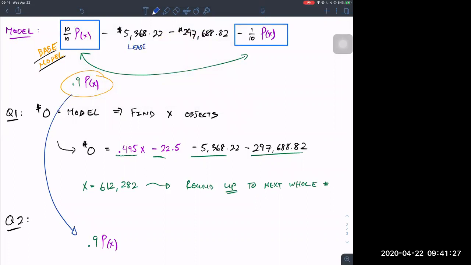So people that were asking about the lease, whether it was just Judy or Judy and company, you're paying that every month. That's not going anywhere. So that comes down here as well. So minus $5,368.22. Now this is a kicker. I'm sorry I didn't recognize whoever's voice that was, but when they asked for part C, that's this one right here, how do we know whether that's one time or not?